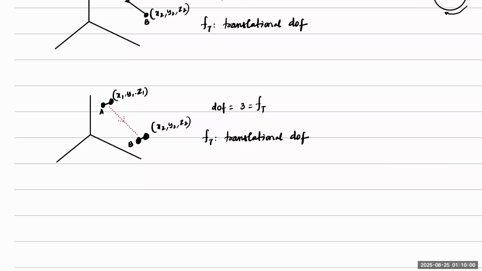When it is in motion, I'm trying to figure out what coordinates it can have. It can have one component of rotation with respect to the Z axis. This is the Z axis.